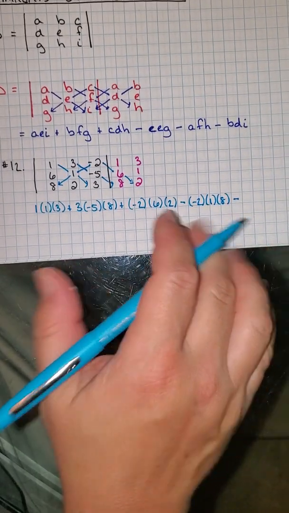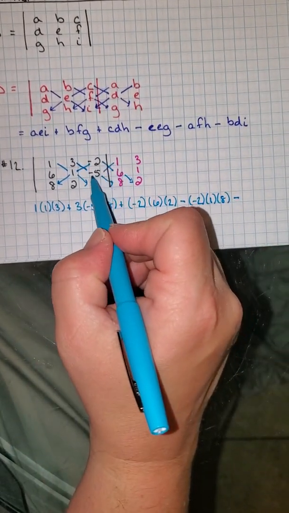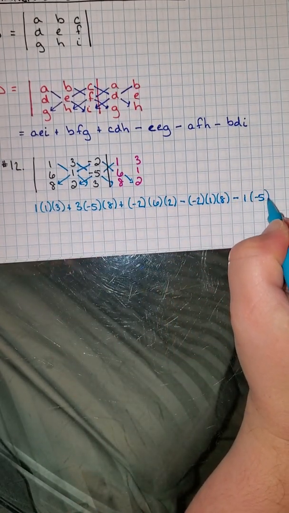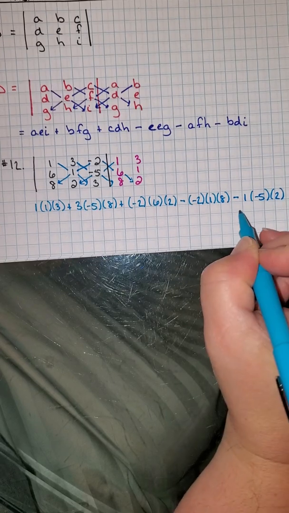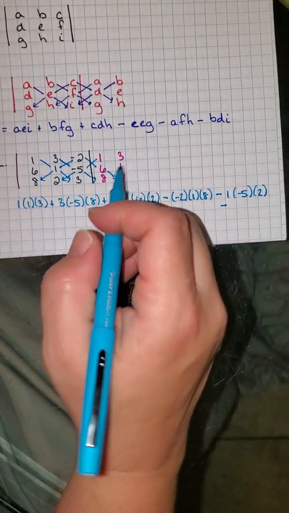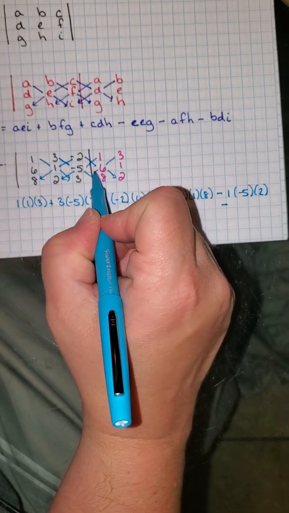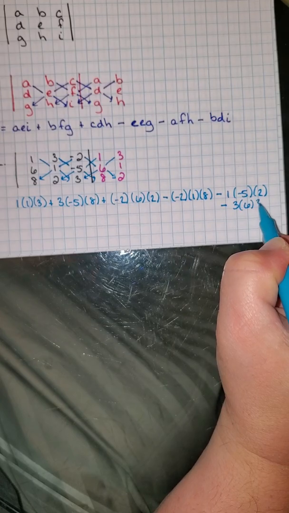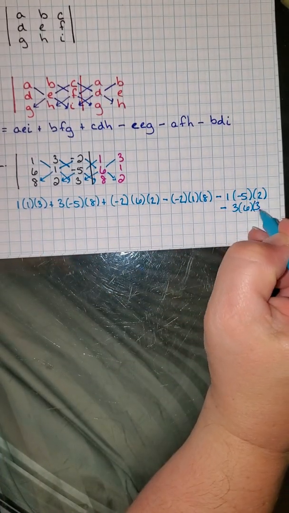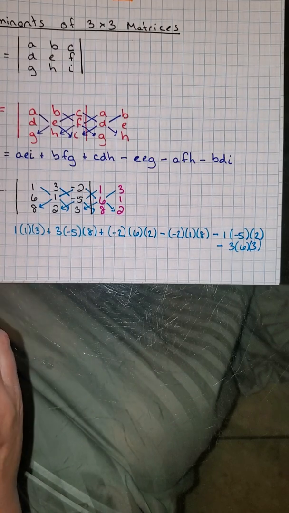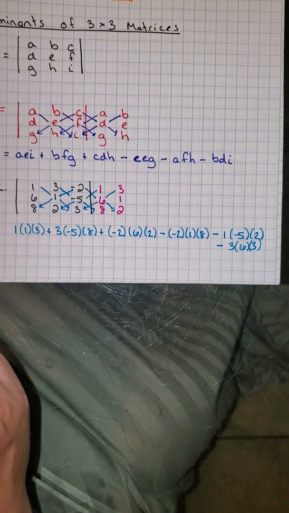Minus, the next one is 1, -5, and 2. And then minus the last group, which is 3, 6, 3. Then you just do the multiplication and you do the addition or subtraction.